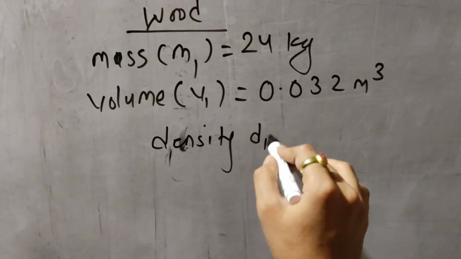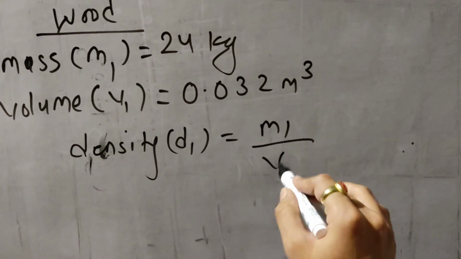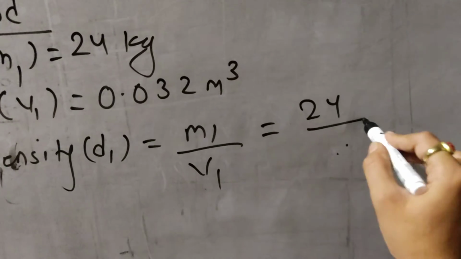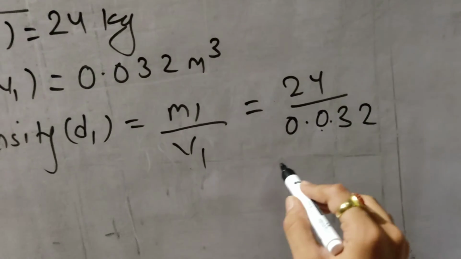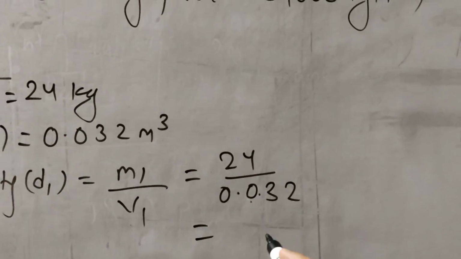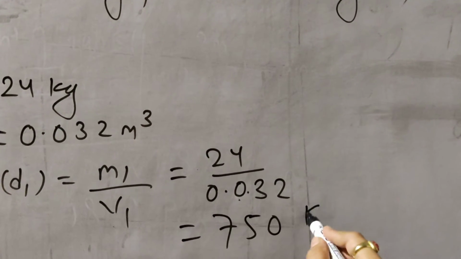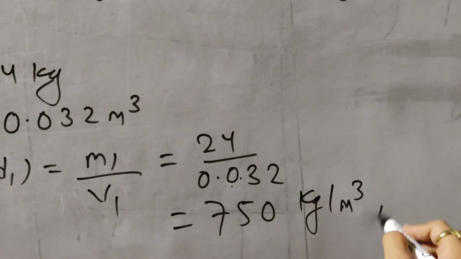Density d1 is equal to mass 1 by volume 1, which is equal to mass 24 divided by volume 0.032. The answer is 750 kg per meter cube.